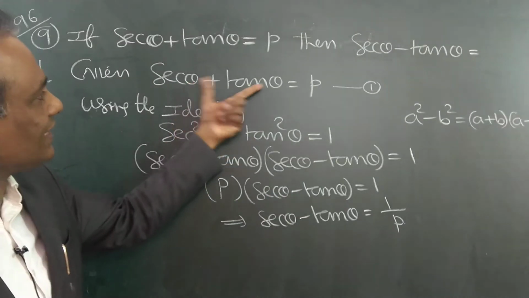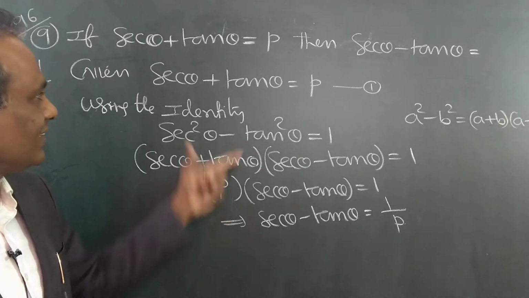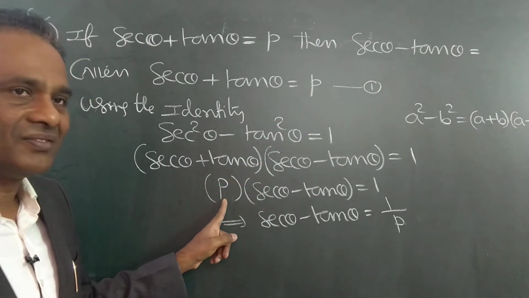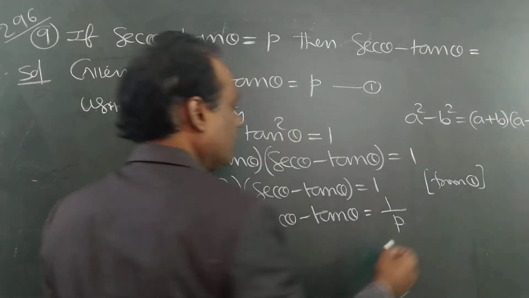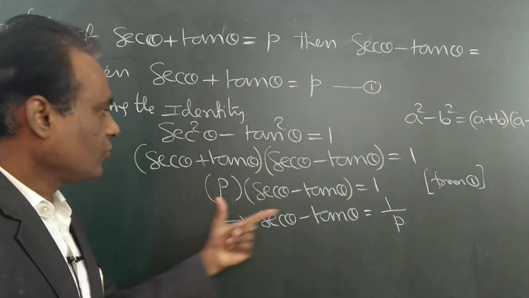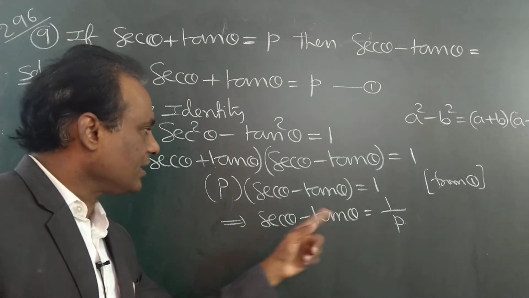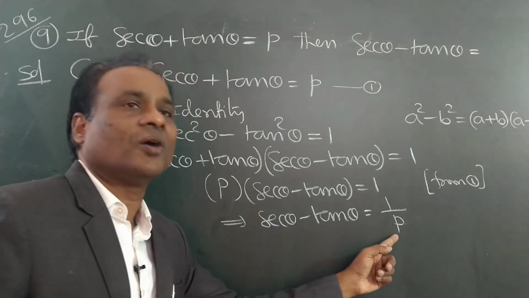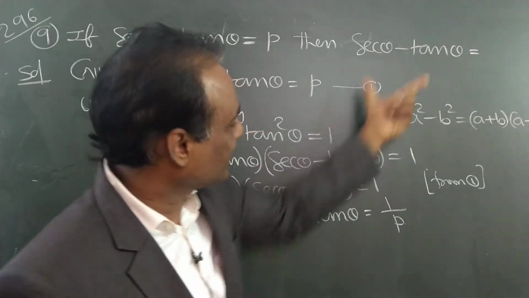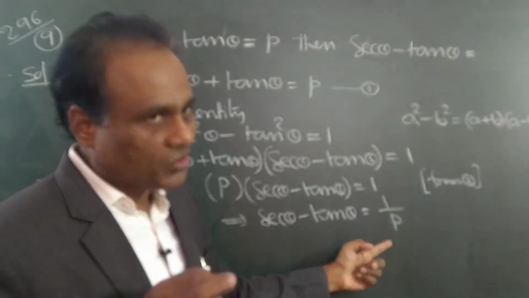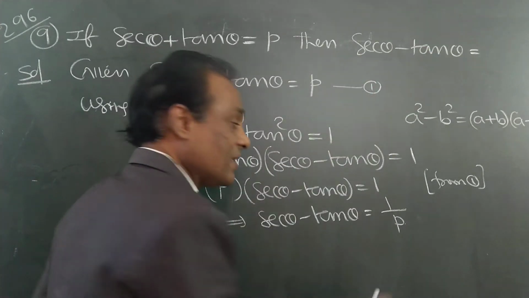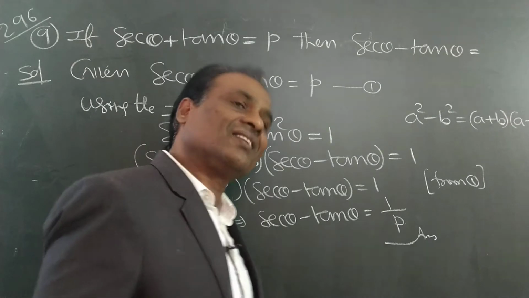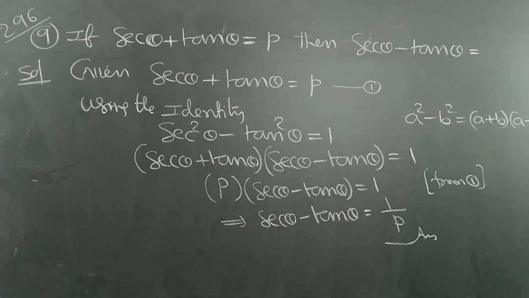Secant theta plus tan theta is P. It is given. So I want this value. Take P to the right side. It is in multiplication, so it will be in the denominator. 1 by P. The question is, find secant theta minus tan theta. So what is the answer? 1 by P. That's right. Followed or not? Then after completing it, write the next question.